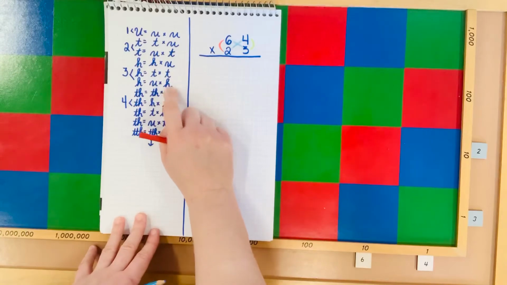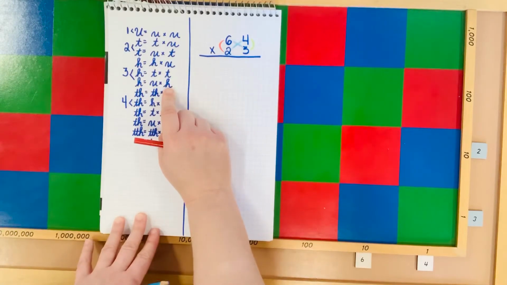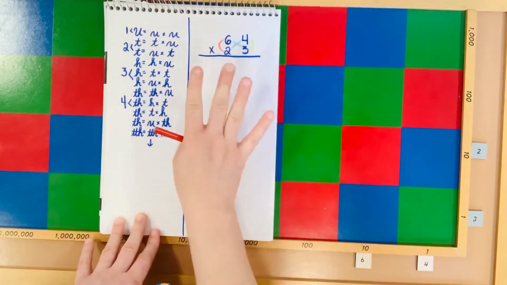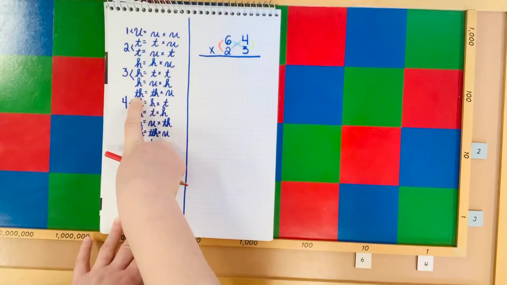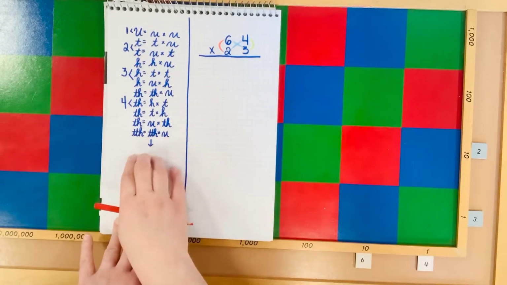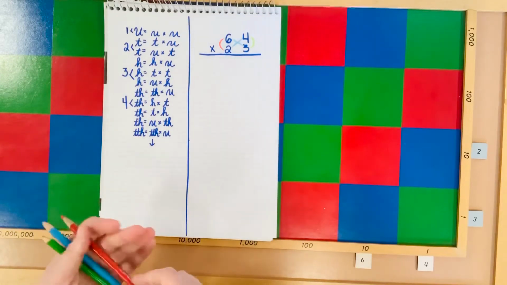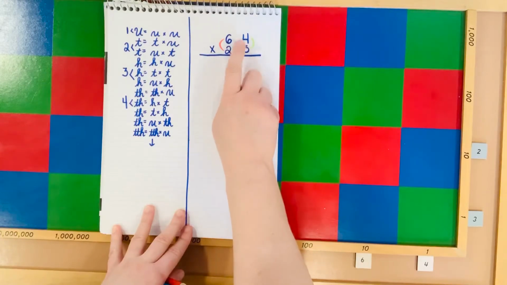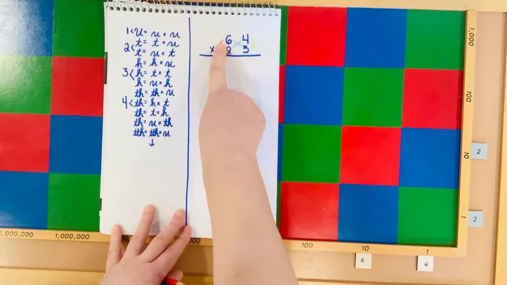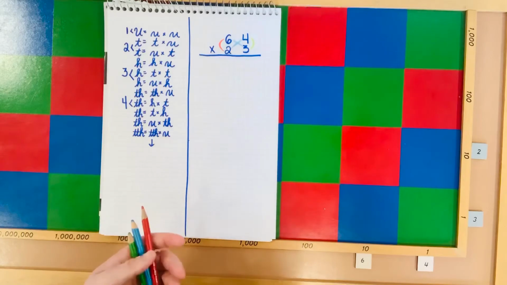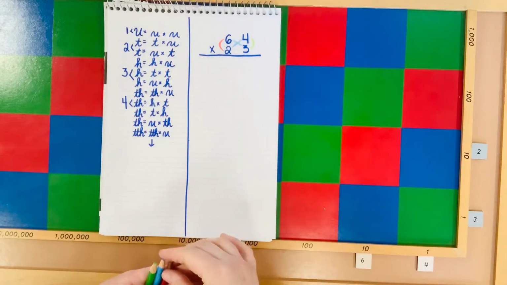There's another 100. So that's not going to work. Thousands is next, and we don't have any thousands, so we're not going to continue looking at our chart. All right, let's continue. So now we have 1, 2, 3, 4 lines identifying the multiplication we need to do in this problem. So let's begin.